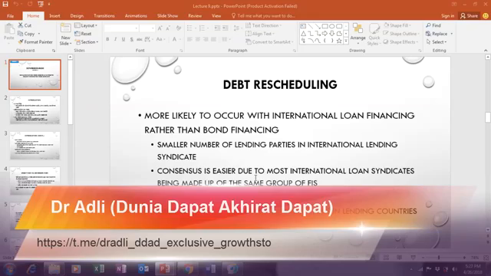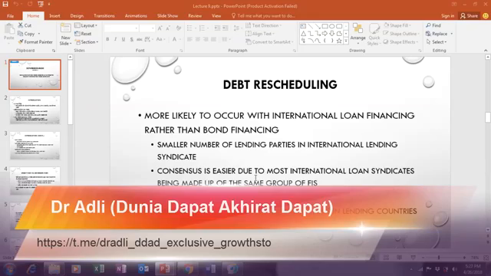Debt rescheduling. Last night we all talked about debt rescheduling. You remember debt rescheduling and debt restructuring? Debt rescheduling is merely changing the tenor and the time, and also the installment amount or maybe the rate. So there is no change of contract, the same contract.